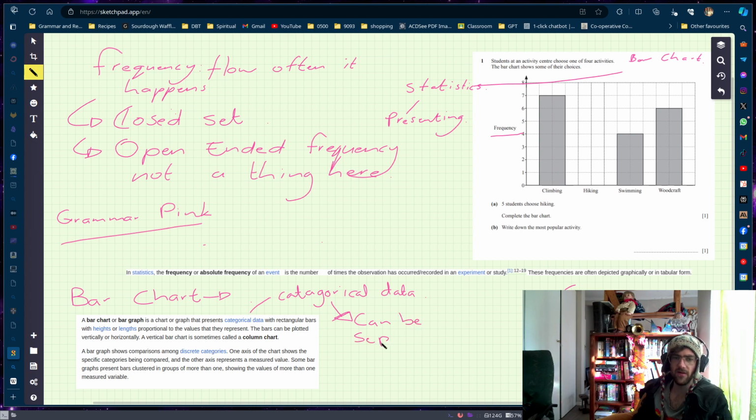So for instance, if I'm looking at quantities like 30 moles, 40 moles, 50 moles, is that categorical data?